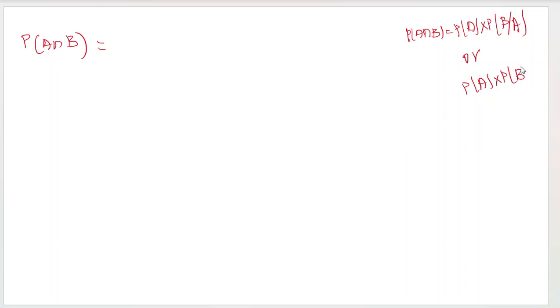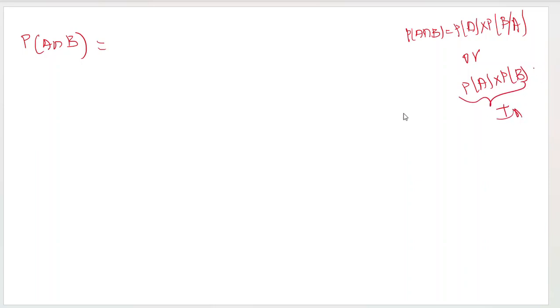Now we find probability of A intersection B. The first one. This has again two formulas. P of A intersection B is either P of A multiplied by P of B given A has occurred, or we use the P of A into P of B formula. This is used in case of independent events.